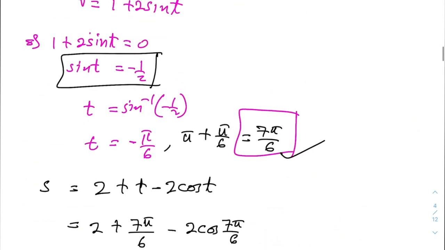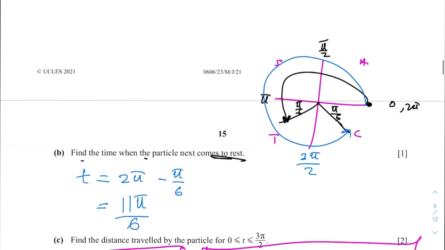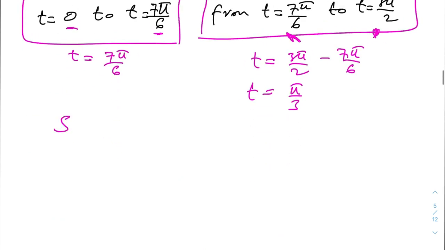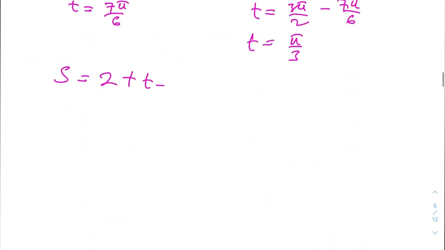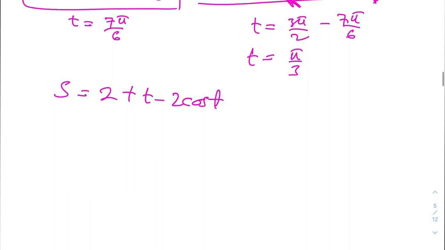So let's go and grab the displacement. This is 2 plus t minus 2 cos t. Okay, so the first part of the journey, let's call it S1. That will become 2 plus 7 pi on 6 minus 2 cos 7 pi on 6.